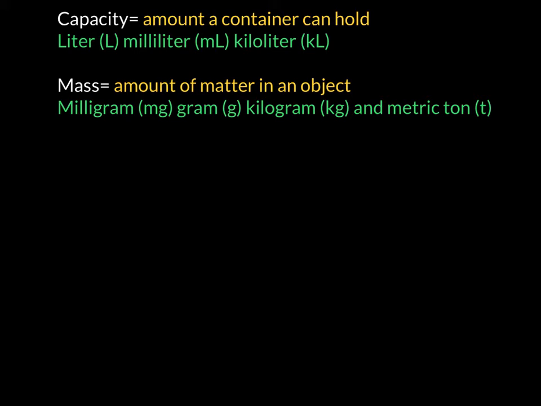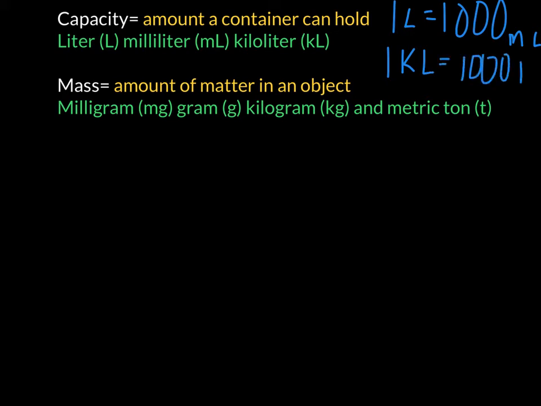So capacity is measured in liters, milliliters, and kiloliters. Mass is measured in milligrams, grams, kilograms, and metric tons. We know that 1 liter equals 1,000 milliliters, and that 1 kiloliter equals 1,000 liters.